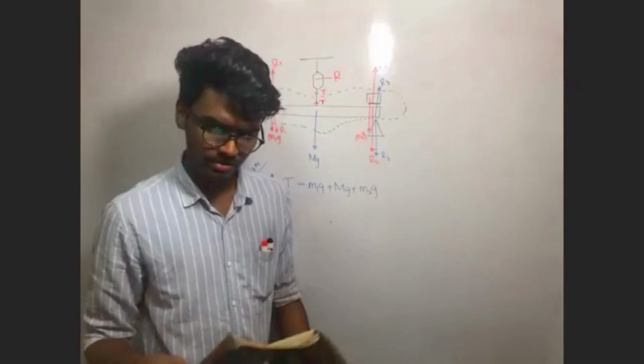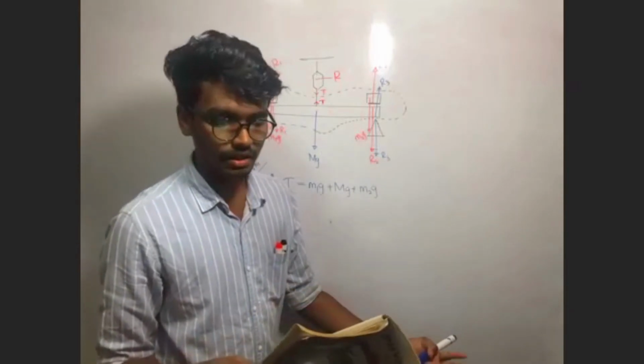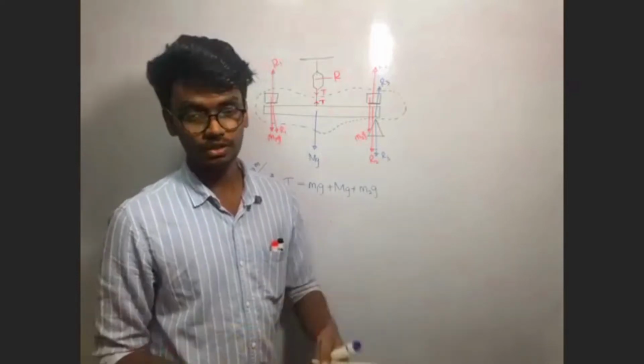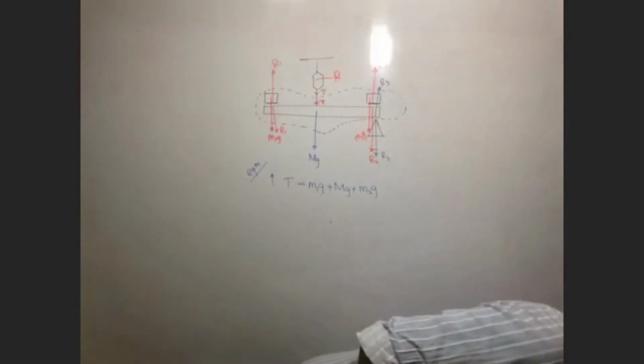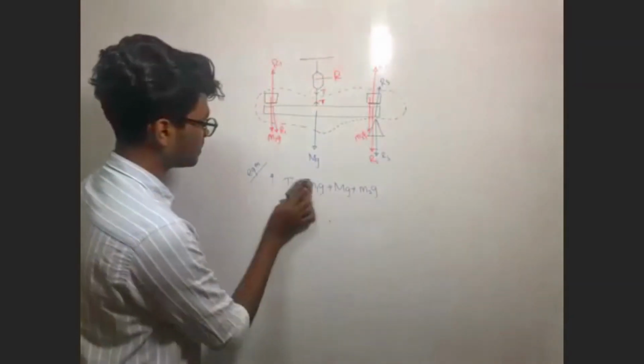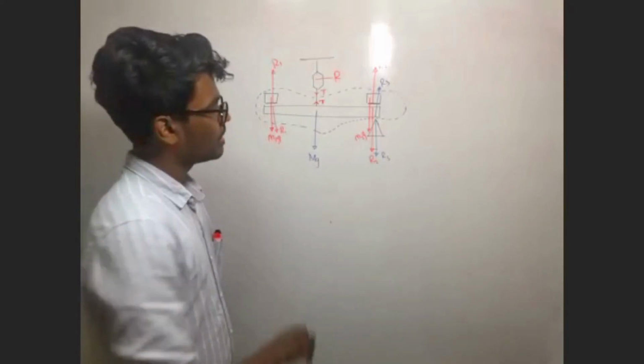They only told that a wedge supports the bar at the end B. They have not told whether it's weightless or has weight, so we can't predict anything. So this method cannot be used.